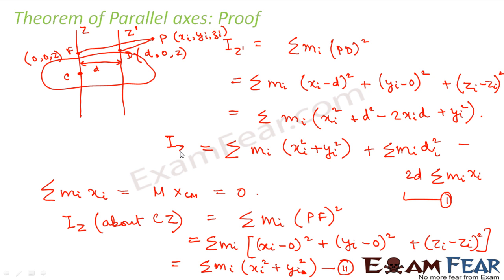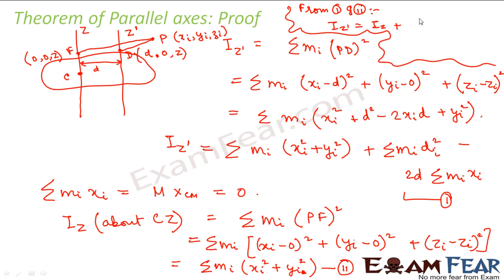This was equal to Iz dash. We see that the first term in equation 1 is nothing but what we obtained in equation 2. Therefore from equation 1 and 2 we can say that Iz dash is equal to Iz plus summation of mi d square, because the third term became equal to 0.